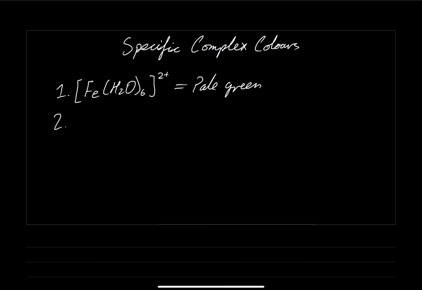So one is Fe2+ hexaaqua, and that's pale green. These are the ones that most commonly come up, but you should know all of them. Vanadium 2 hexaaqua. Again, this is just in solution.